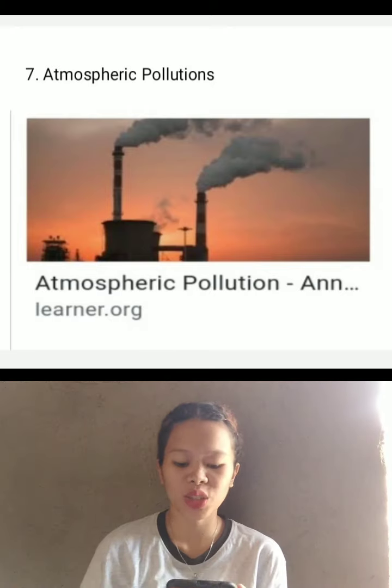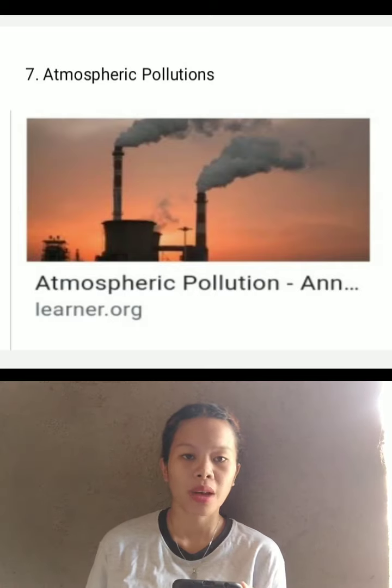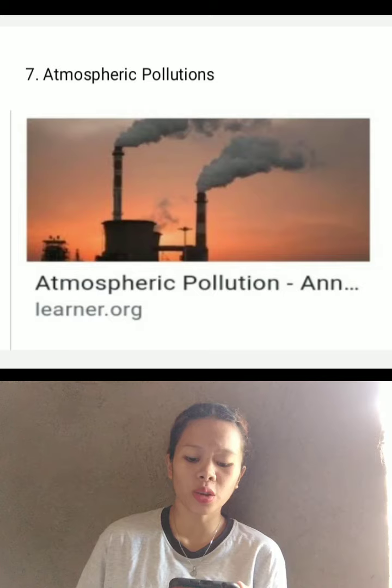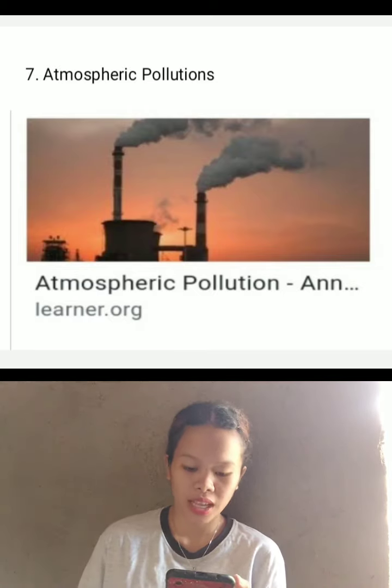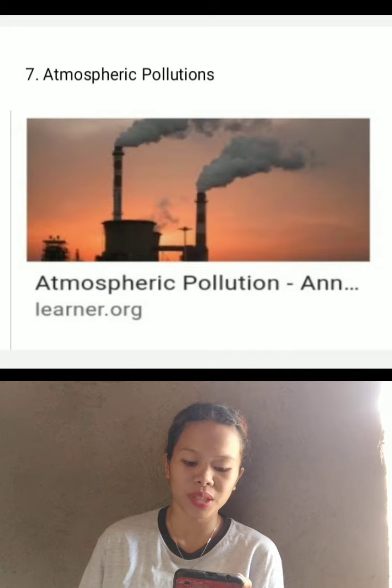The car is just one of many sources of atmospheric pollution. And although prolonged exposure may constitute a health hazard, it is important to view these problems in perspective.